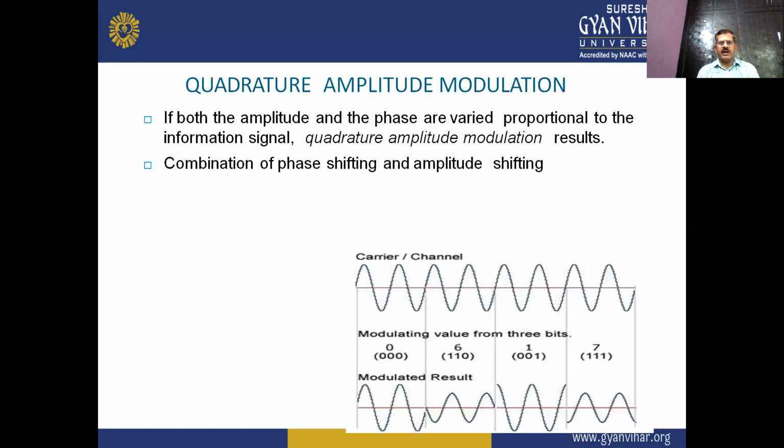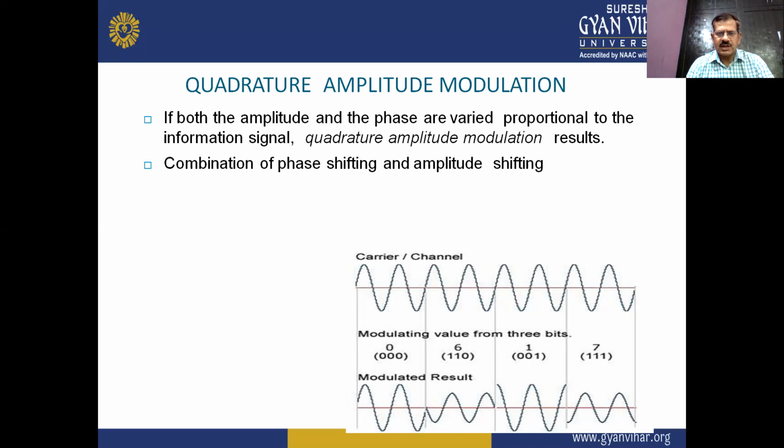In QAM, quadrature amplitude modulation, both the amplitude and phase vary in proportion to the information signal. Quadrature amplitude modulation results in a combination of phase shifting and amplitude shifting. The QAM modulation system is shown in these waveform diagrams.